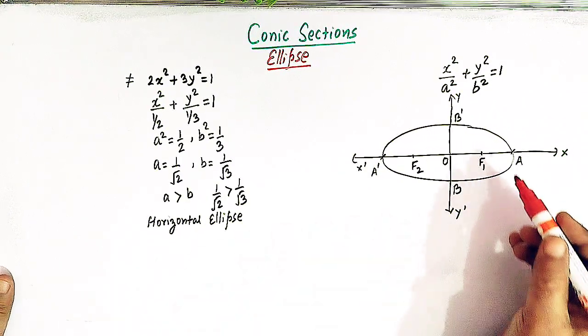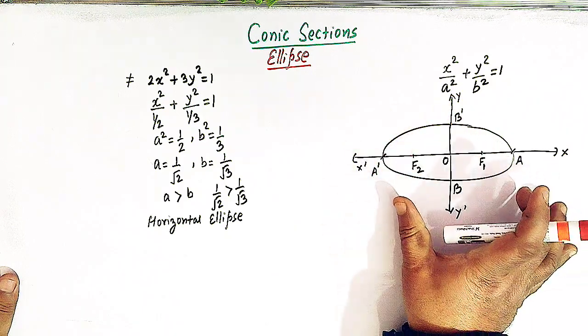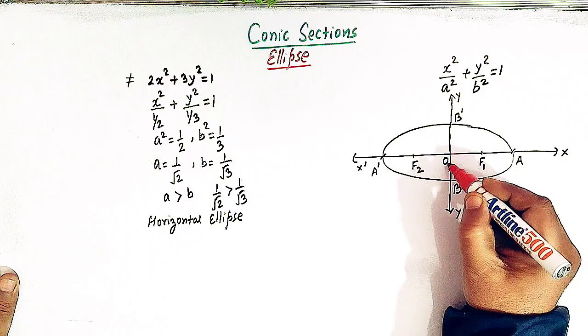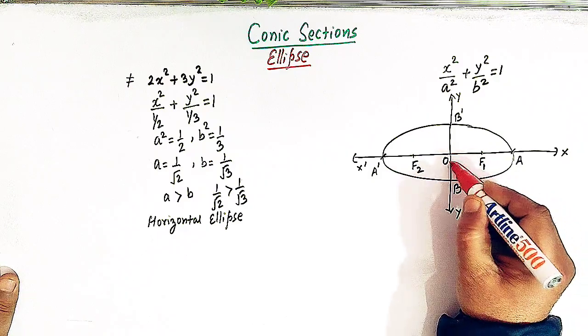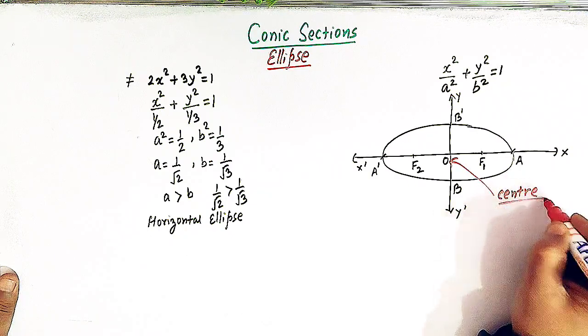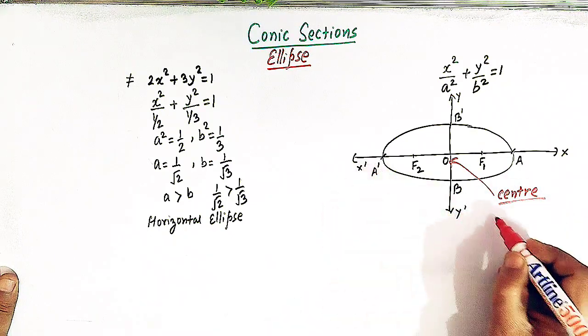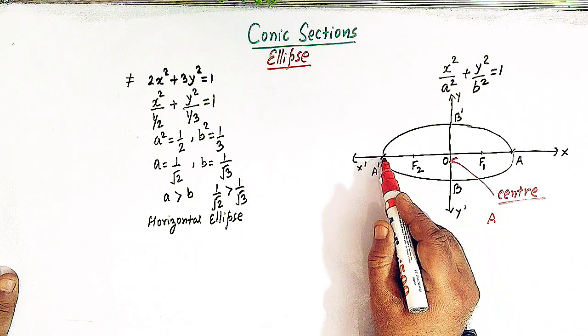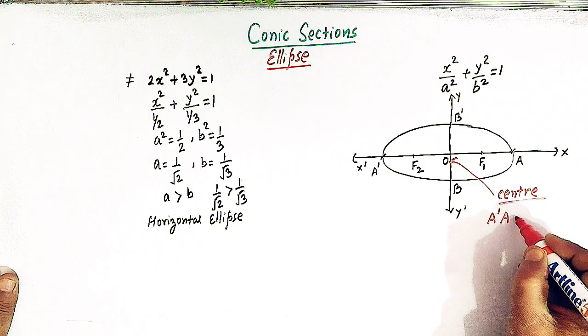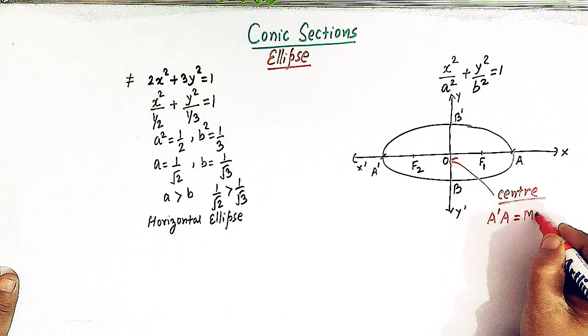So let us quickly explain the diagram of this ellipse. So here this point O is known as the center of the ellipse, right? So this is the center of the ellipse, and here this length, that is A dash A, is known as the major axis.